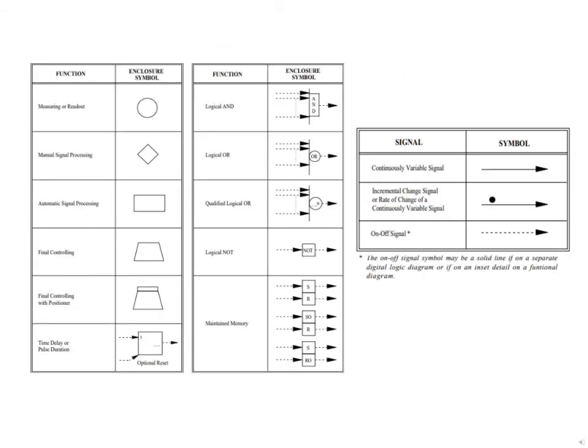The table on the left shows enclosure symbols that represent the various elements or functions of a control system. These enclosure symbols are tied together by the continuation symbols shown in the table on the right.